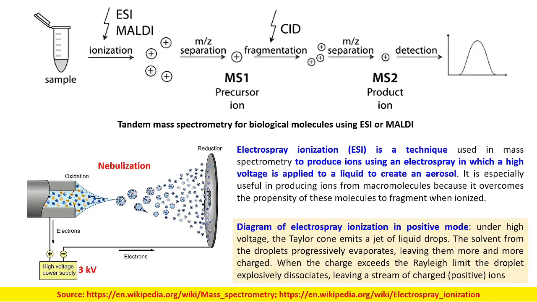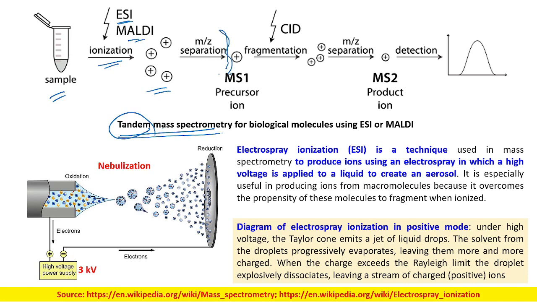Then we have a spectrometry which we call tandem mass spectrometry. Tandem means you are using one after the other. So you have the sample, you go for the ESI or the MALDI techniques for the ionization process, then you create the cations, and you have one set of separation.